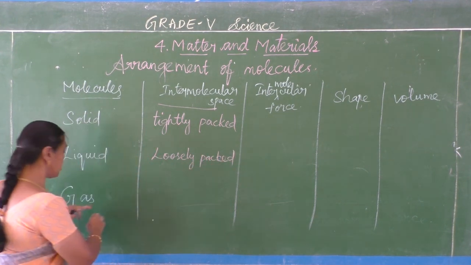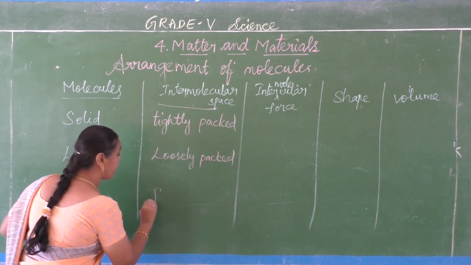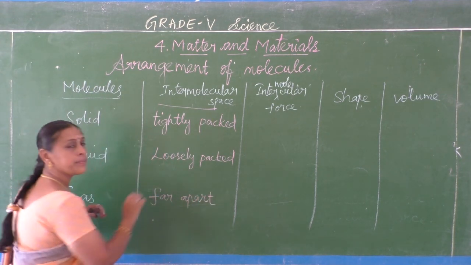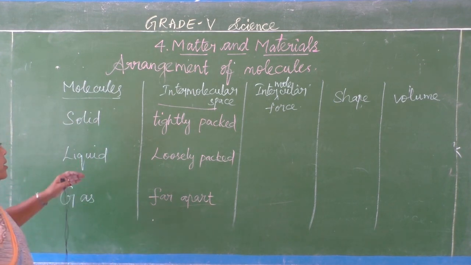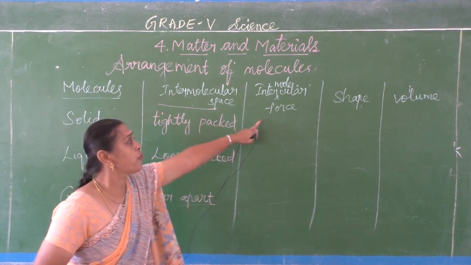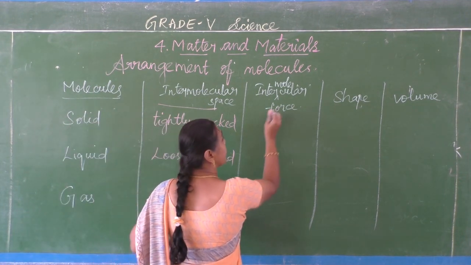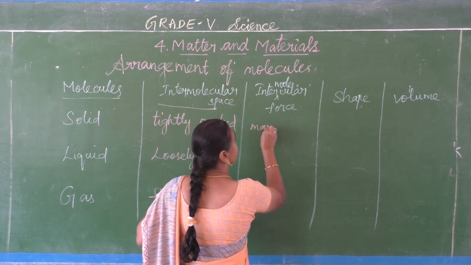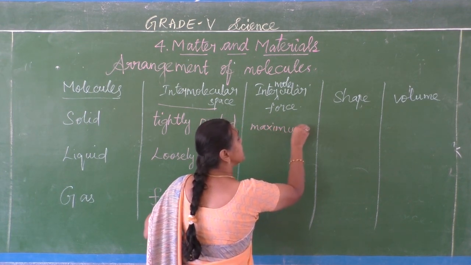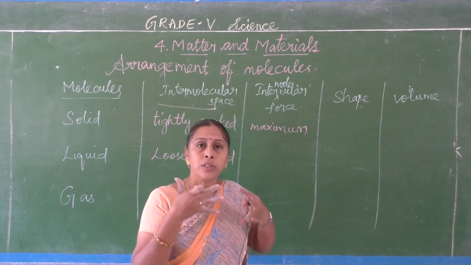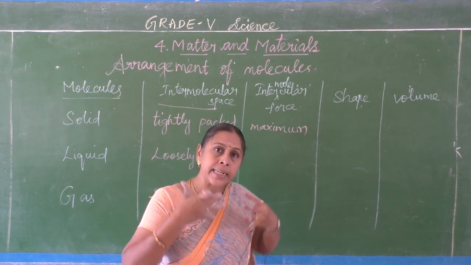Then in case of gas, far apart. The molecules are far apart. Then intermolecular force, how will it be in case of solid? Intermolecular force is maximum. That is why they are very close, they attract each other, and keep the matter tight.